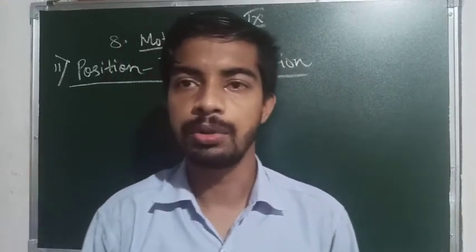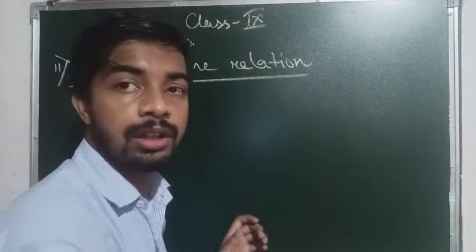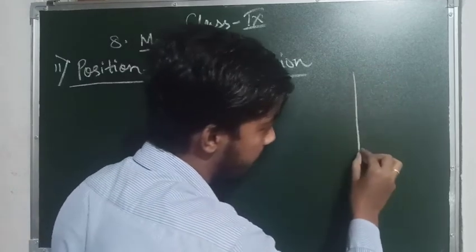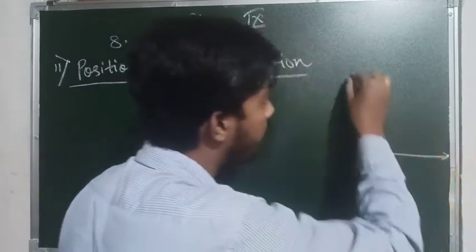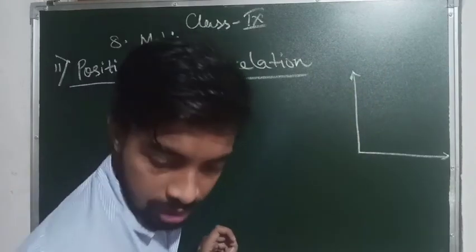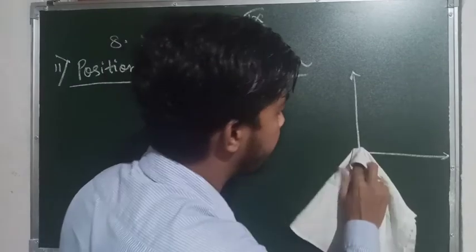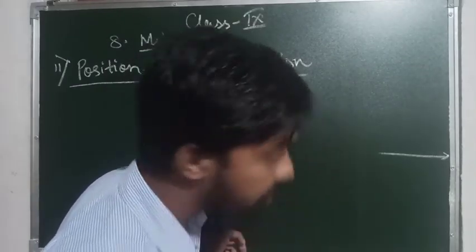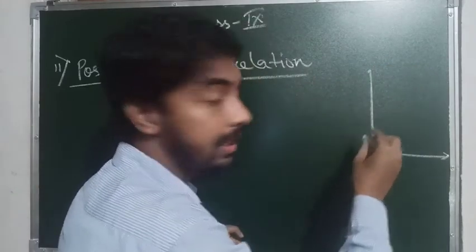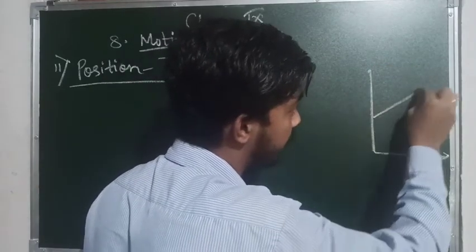So here, to derive the equation, we need that same graph that we used in the previous equation. We will use the same velocity-time graph. We had the graph like this.